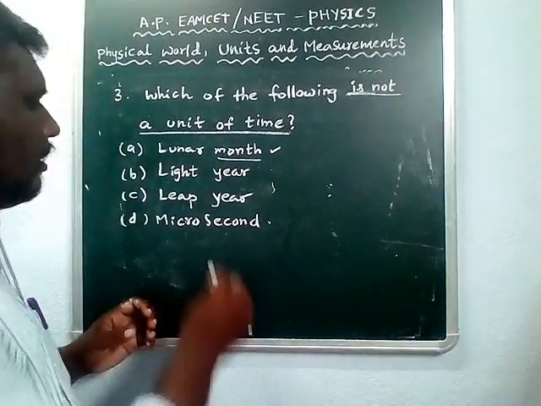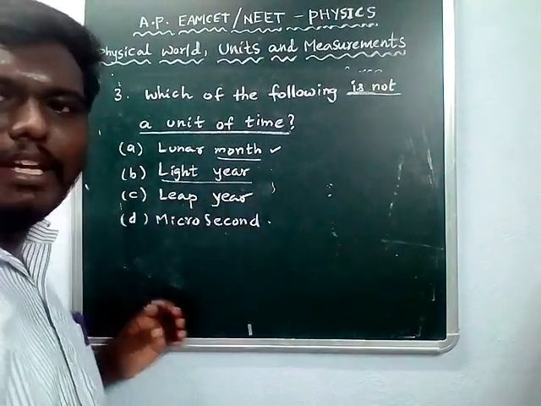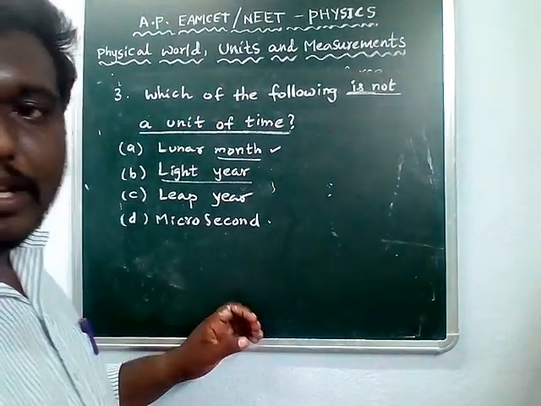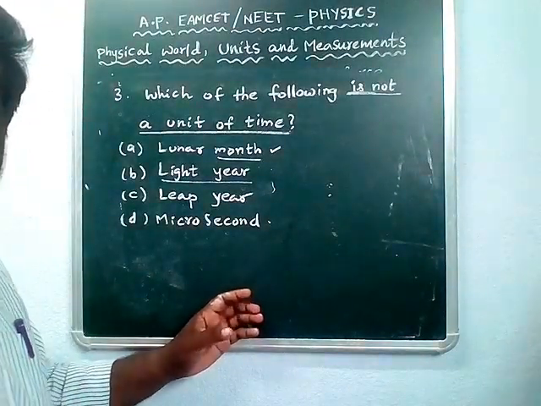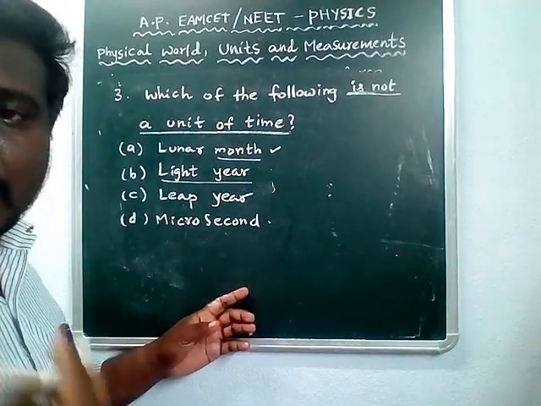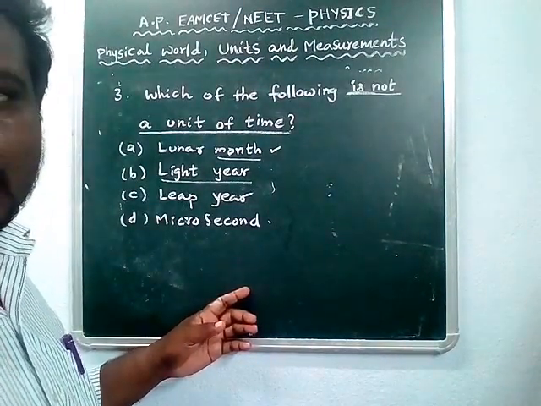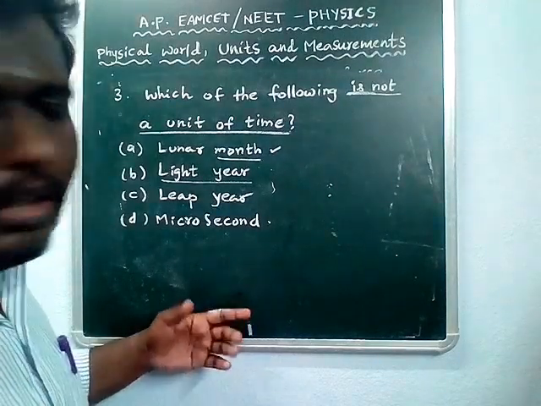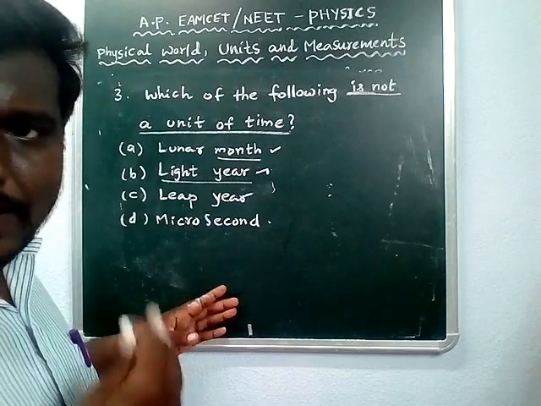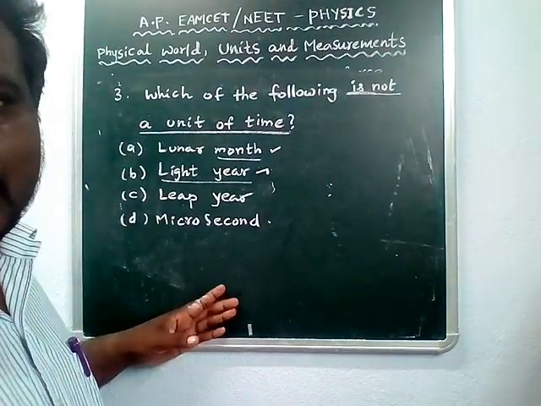Right. Second one, light year. Light year means a light ray travels in a vacuum for 1 year. The distance traveled in 1 year is called a light year. Understand? So is it a unit of time or a distance?